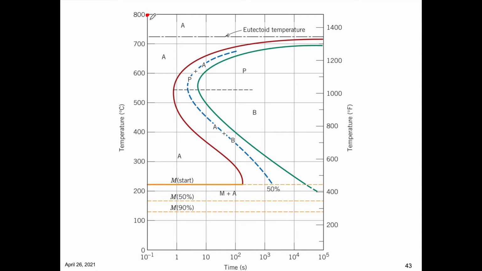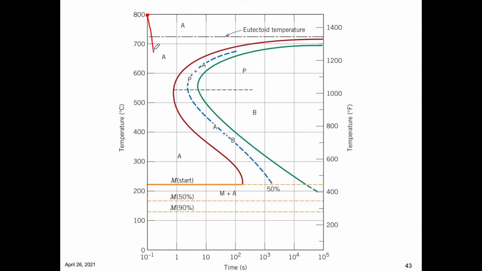We don't want to cool down slowly from 800 to another temperature, because then that would no longer be isothermal. So we're going to pick a temperature up here in the top range that would have coarse pearlite. We can do about 675, like we talked about before. So we're going to basically cool almost instantaneously to 675.